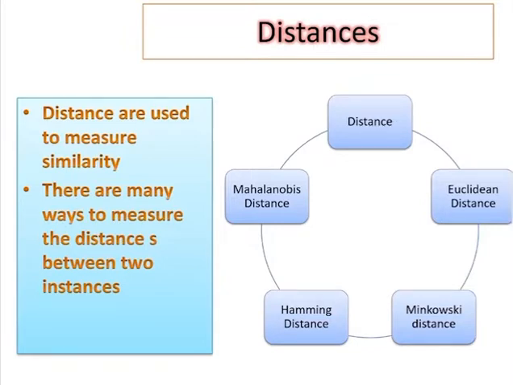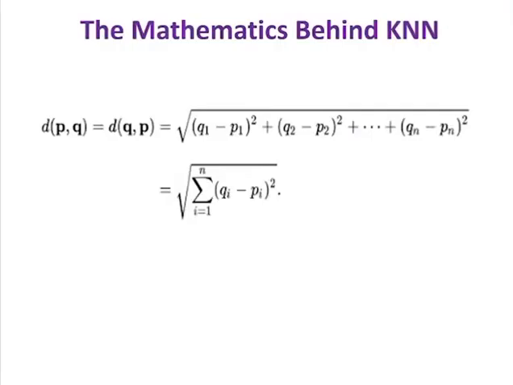I also want to remind us, we have different mathematical ways to figure out distance: Mahalanobis distance, Euclidean distance, Manhattan distance, and Minkowski distance. Which means we are basically going to calculate distance as far as KNN is concerned.